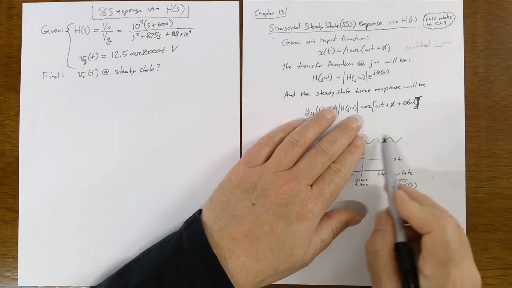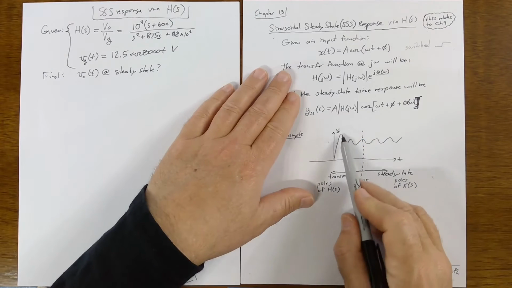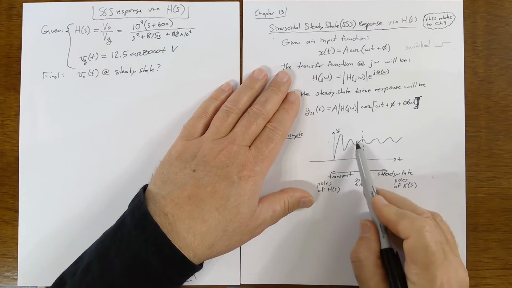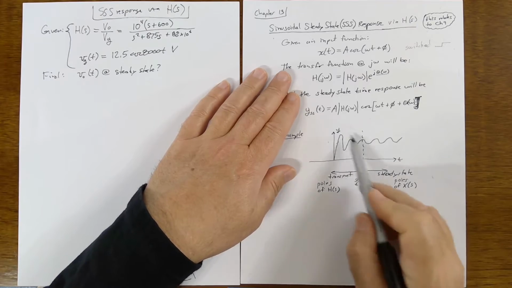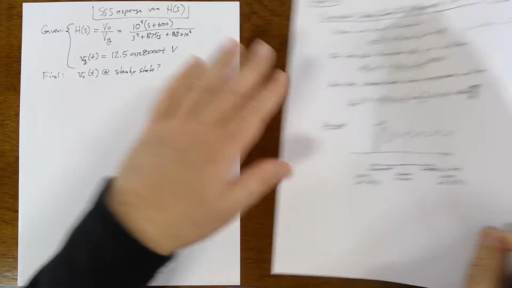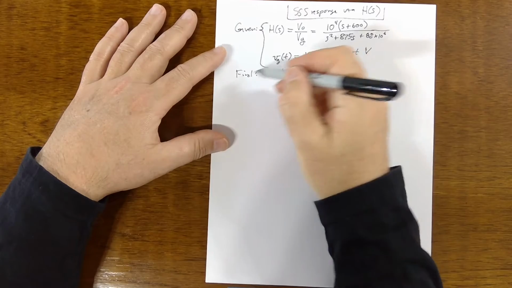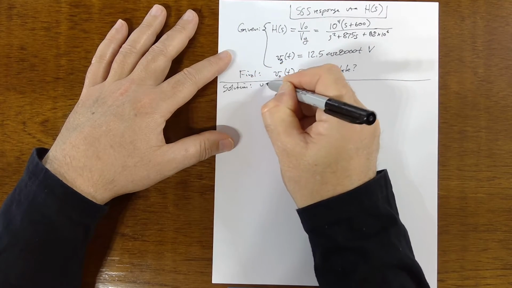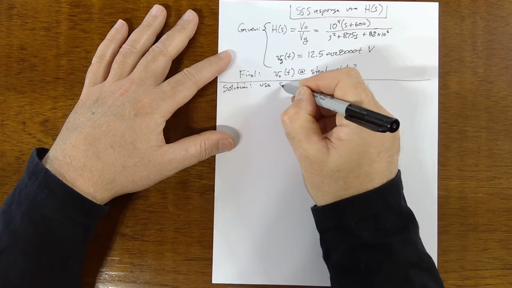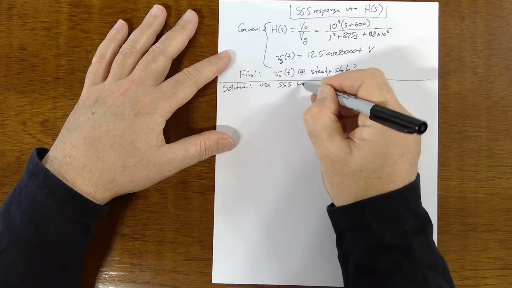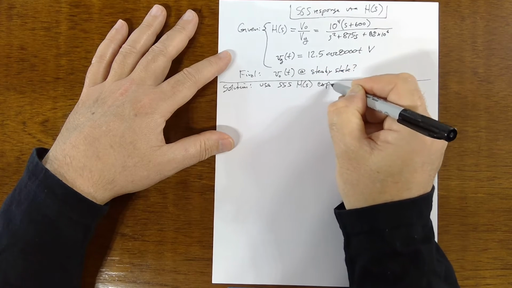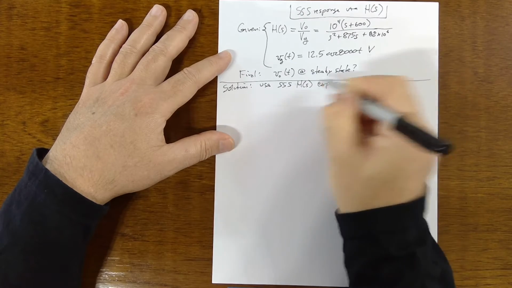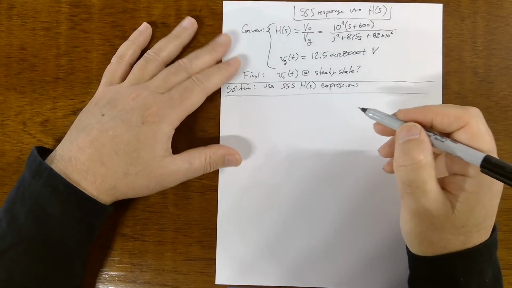And then what we're interested in is this part here: after the bumps from flipping the switch have died down, after the transient response has died down, what's the sinusoidal steady state response? So for our solution, we're just going to use the sinusoidal steady state H of s expressions that I just showed you from the outline note.